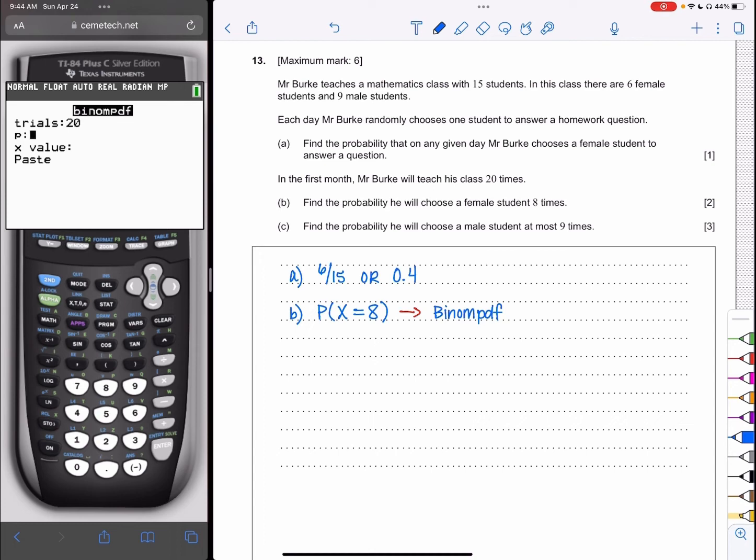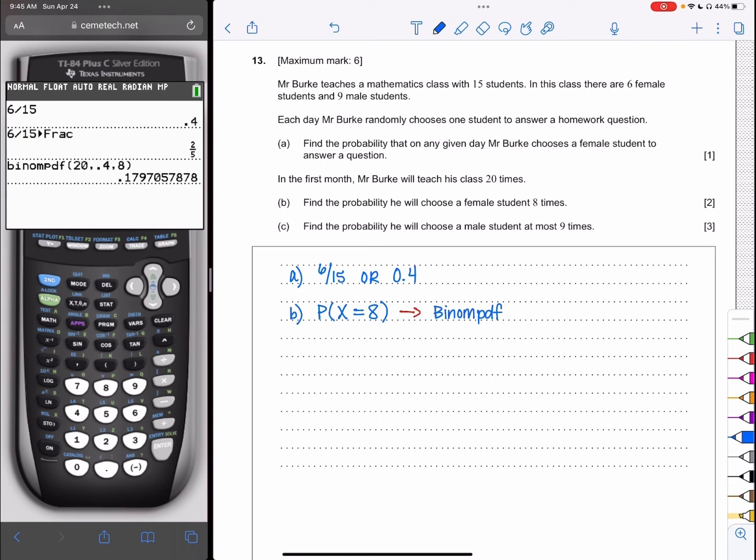The probability that he's going to pick a female is 0.4. Or you can put the fraction of 6 over 15 or 2 over 5. And then it says 8 times, so we're looking for him to pick a female in 8 classes. So when I put that in, we end up getting 0.18 in 3 sig fig.